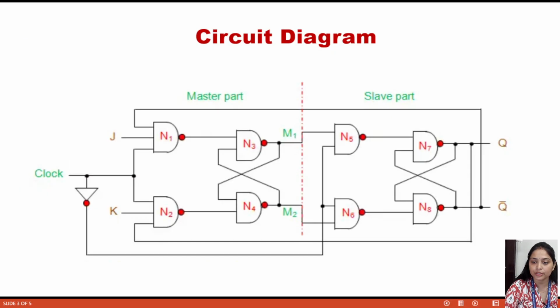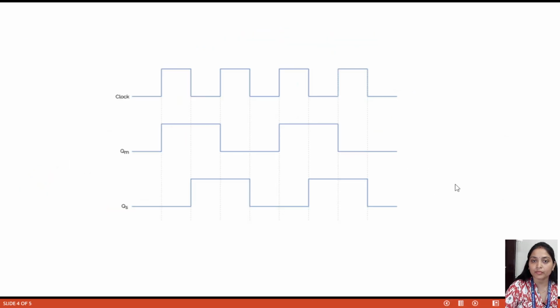And this is the timing diagram of the master slave flip-flop. You can see this is the clock pulse. In the positive going clock pulse, QM is the master's output and QS is the slave output.